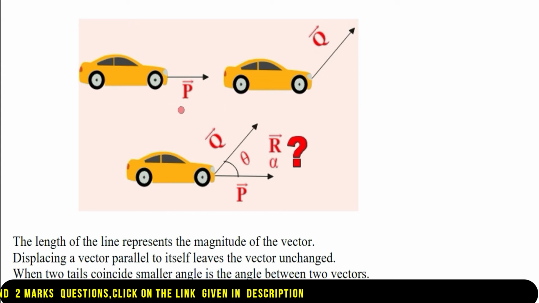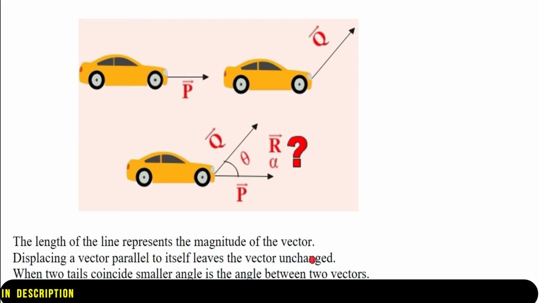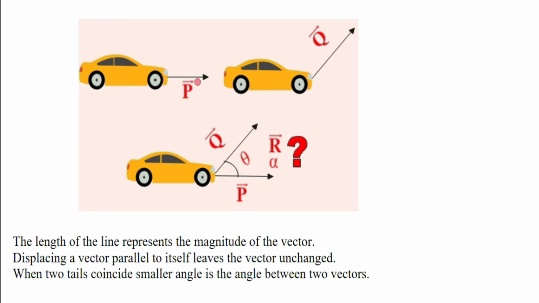Okay, the effect of that vector is more. Okay, next, displacing a vector parallel to itself leaves the vector unchanged. What does it mean? It means that if this is a vector, now I can shift this vector to any point in my plane for my usage such that the direction should be parallel and its length should not change.